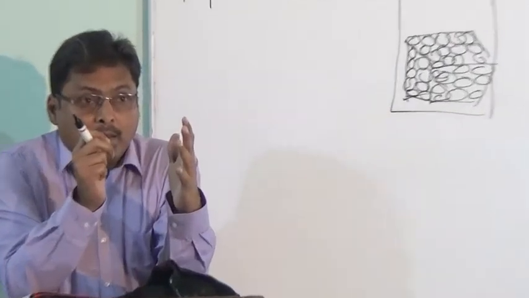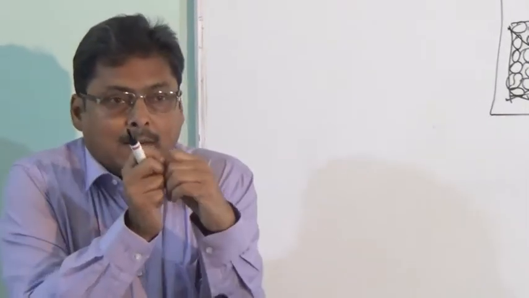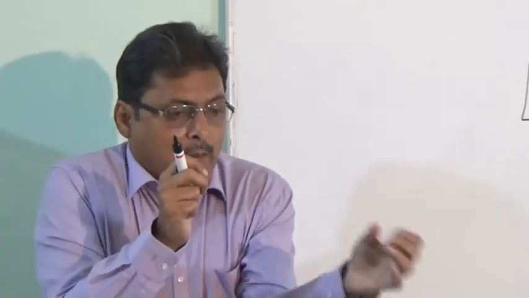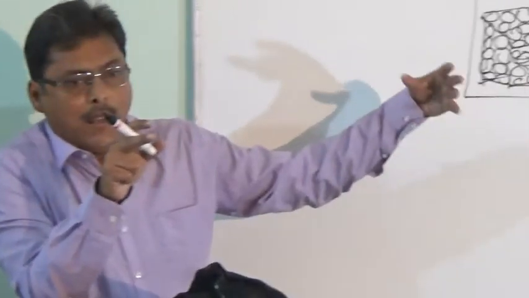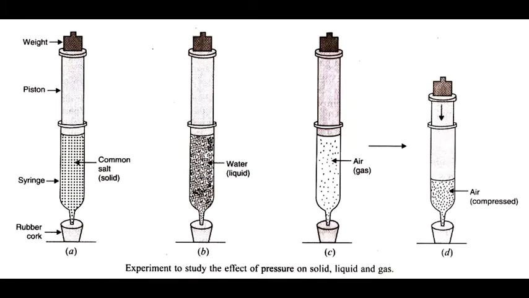Let us look at a slide of an experiment to explain how pressure works on a solid, liquid and gas. Look at the picture. It is an experiment that we can do with 3 glass syringes, injection syringes, say 100 milliliters.